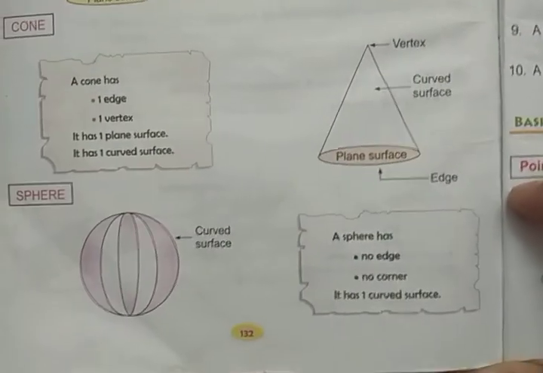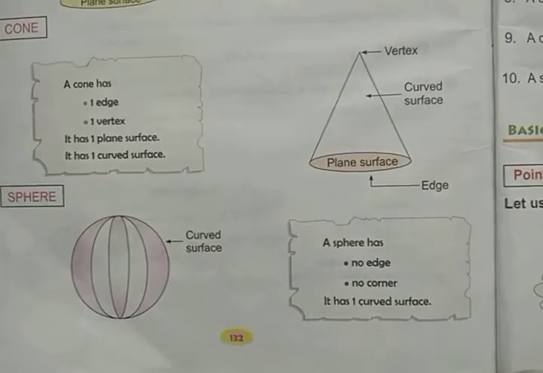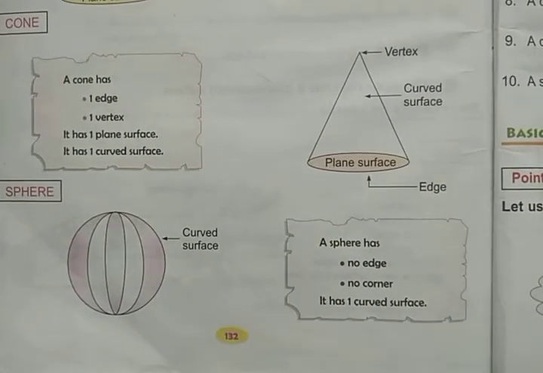And if we talk about the sphere, a sphere has no edge. Why? Because there is only one surface. This whole thing is one surface. When there is only one surface, how can there be an edge? An edge forms when two surfaces or faces join, there an edge is formed. But how many surfaces does it have?